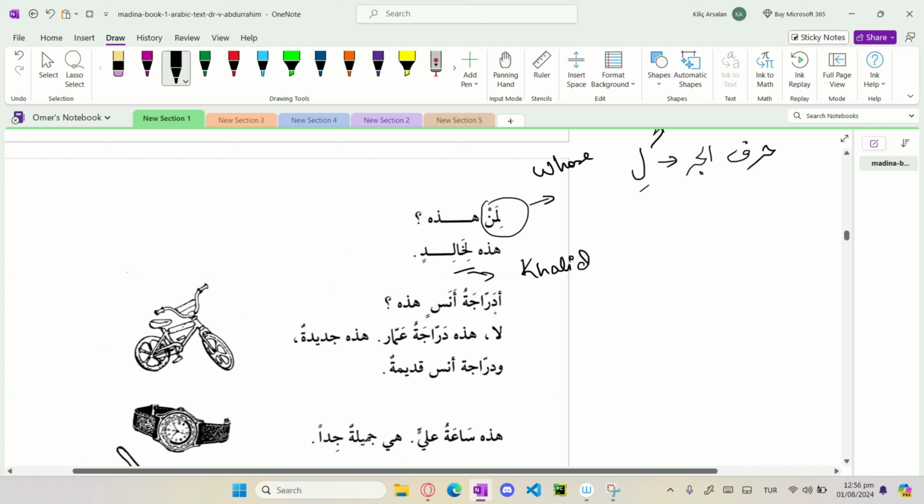الدراجة أنس هذه. Daraja means bicycle. الدراجة أنس هذه.